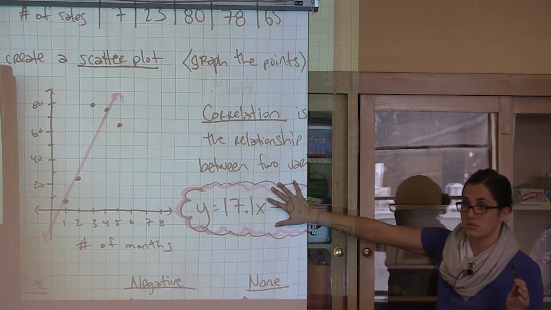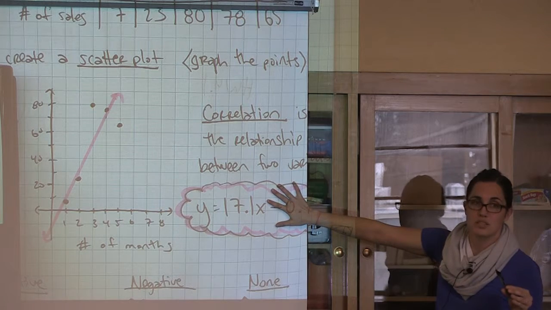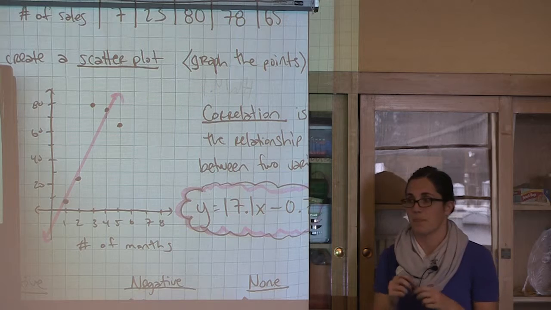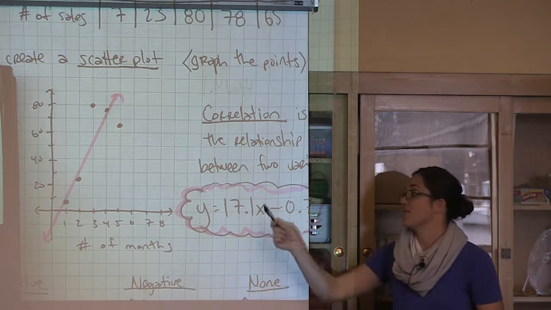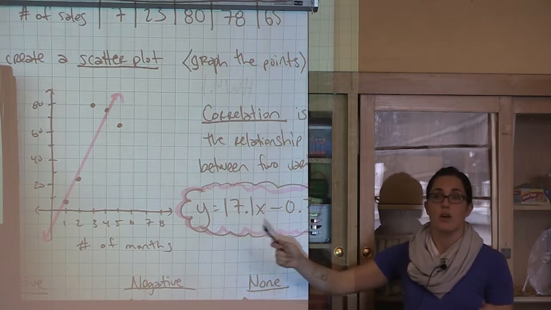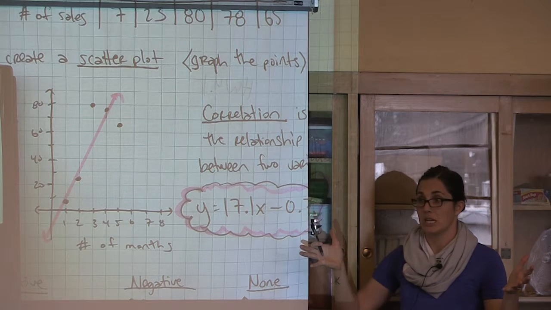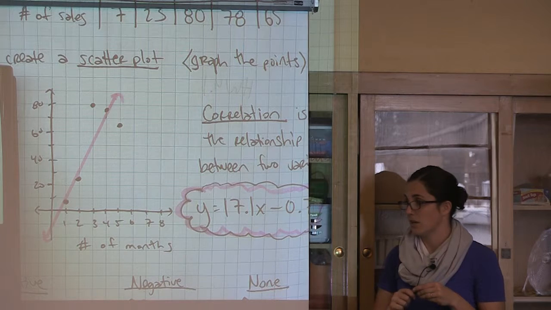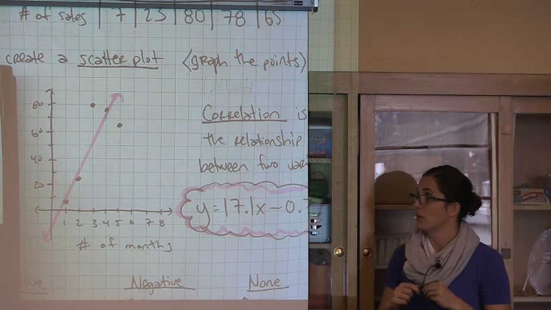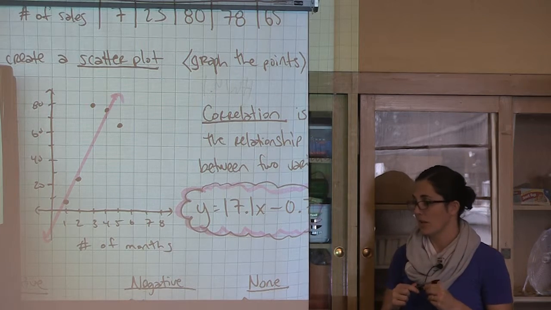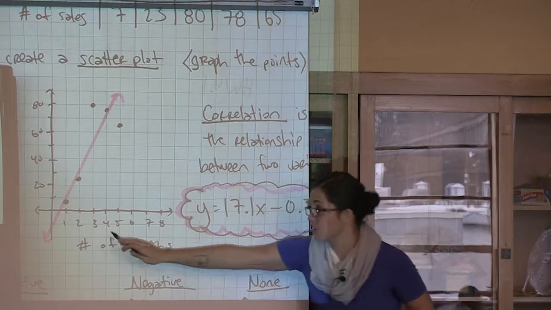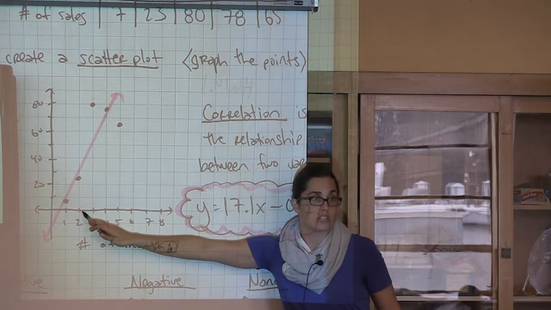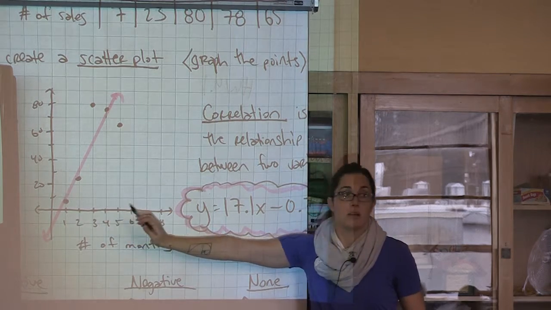But let's move on. If this is the y-intercept, what's the slope? What number is the slope? It's 17.1. Okay, 17.1 is the slope. So my question is, if this is the slope, what does that mean? It's going up by 17.1 every month. Since we know this is months, each month, on average, how much are our sales increasing? 17.1.